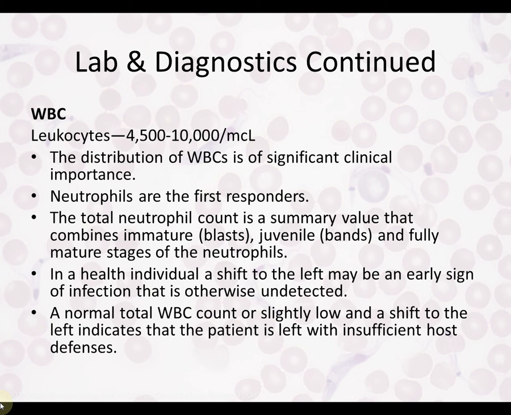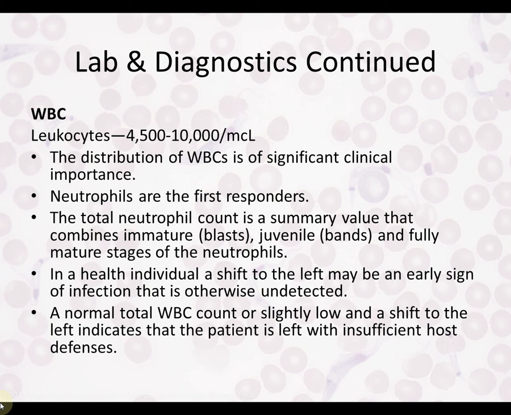However, your total neutrophil count is a summary value that combines immature cells, which are blasts, juveniles, which are bands, and the fully mature stage of neutrophils. Only the fully mature neutrophils, and to some degree the juvenile subpopulation, are useful in defense mechanisms.